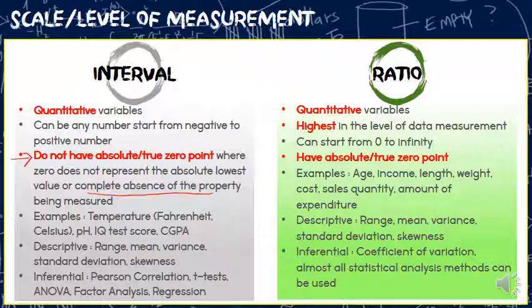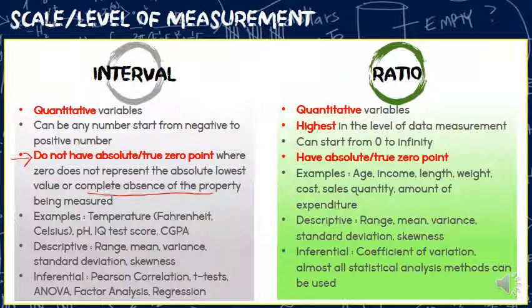Contohnya temperature dalam bentuk Fahrenheit atau Celsius. So, temperature ni is an example of continuous quantitative variable. Kenapa continuous? Boleh jadi 36 degrees, boleh jadi 36.5 degrees. And temperature boleh jadi 0 degree Celsius. But adakah 0 degree Celsius itu bacaan yang paling rendah untuk temperature? Adakah 0 degree Celsius bermaksud tiada suhu?